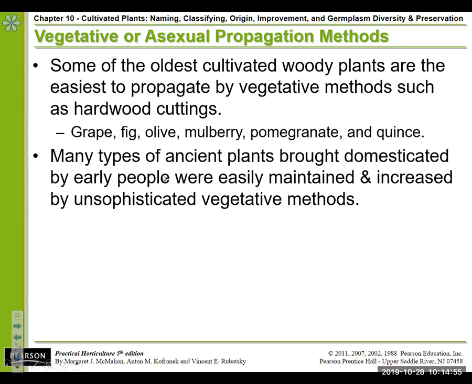As we developed kind of globalized trade, we moved these plants all around the world. And as we did that, we developed not just the asexual propagation, but also some sexual propagation too. In some cases, maybe we have wild relatives in multiple places.